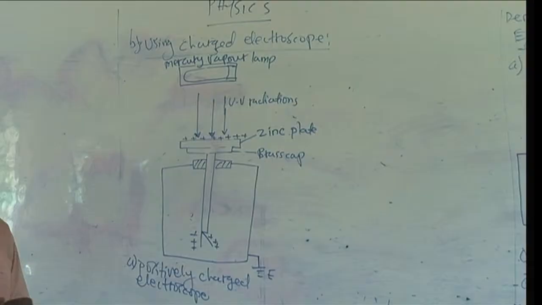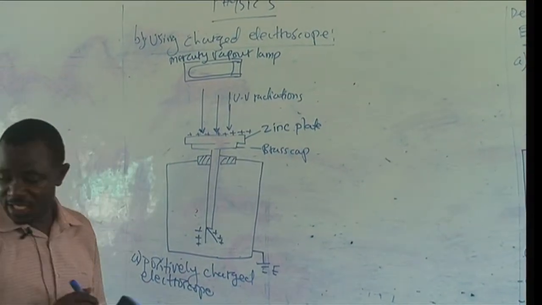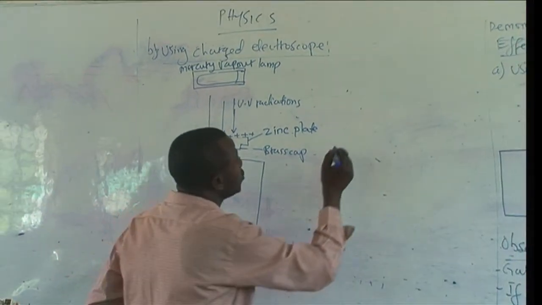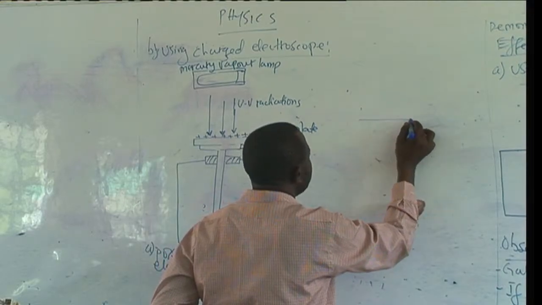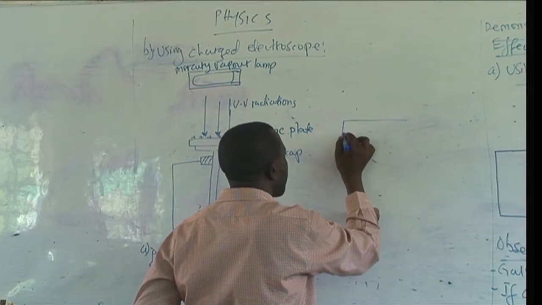Now, suppose we have a negatively charged electroscope. We will also have a similar diagram on this side.